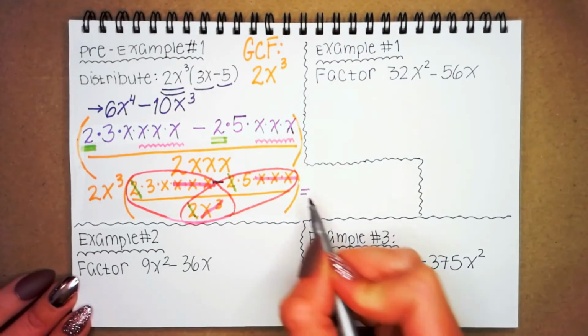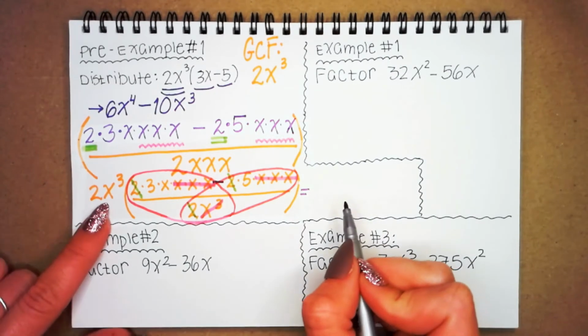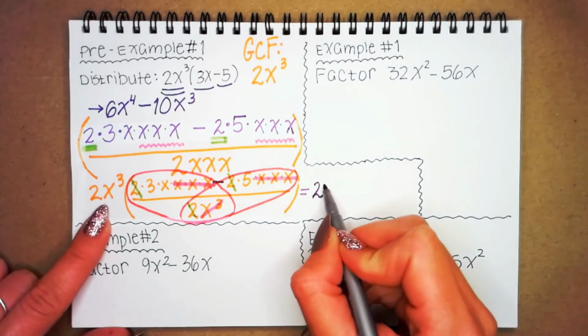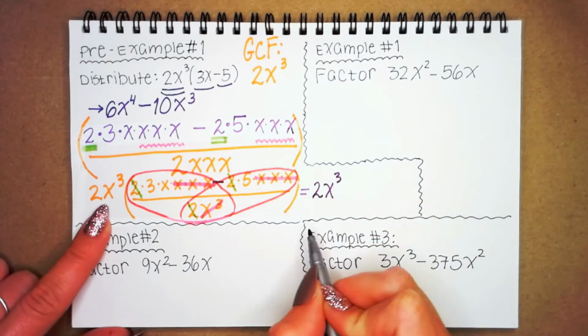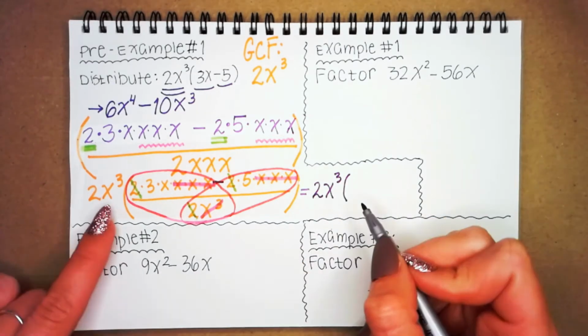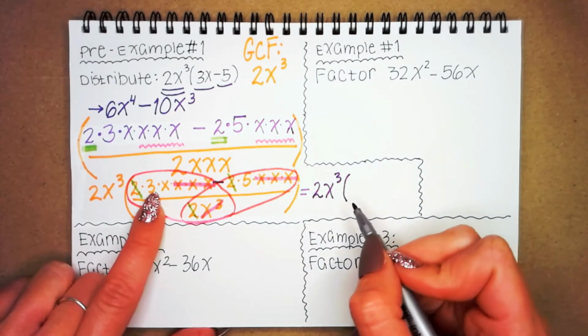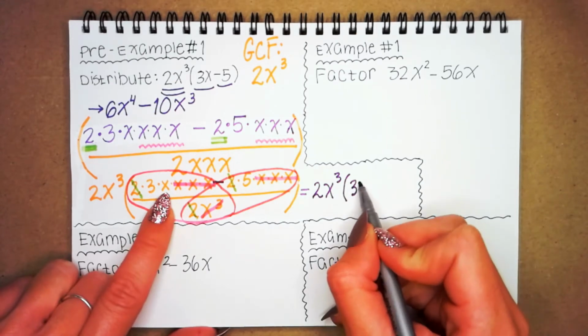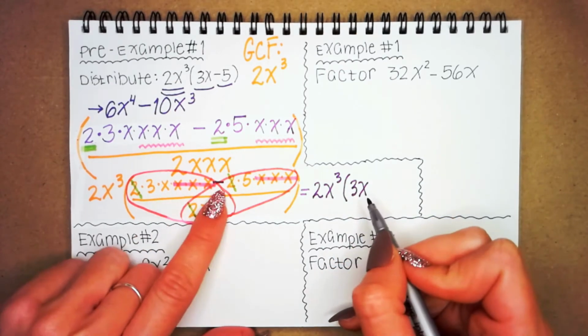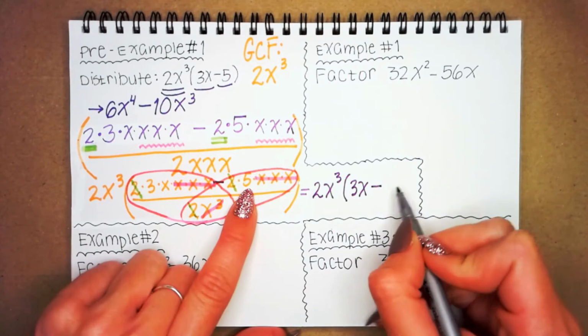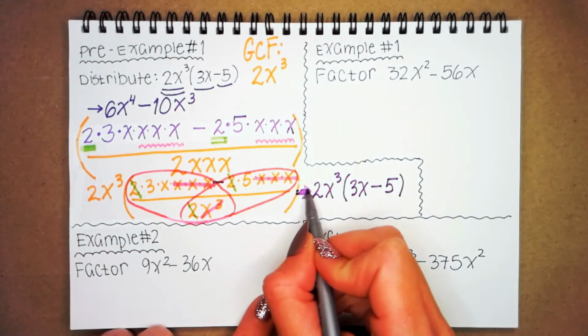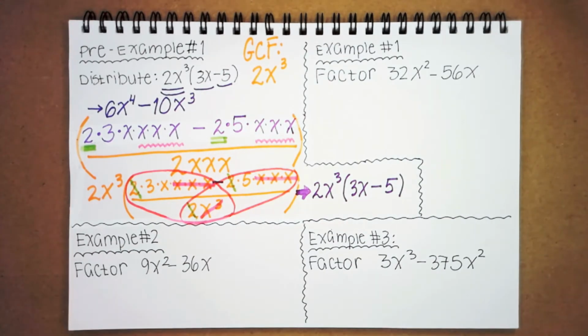So what are we really left with now? That 2x to the third power is still out front. What's left inside? 3x minus 5. So what happened here is we undistributed the greatest common factor.